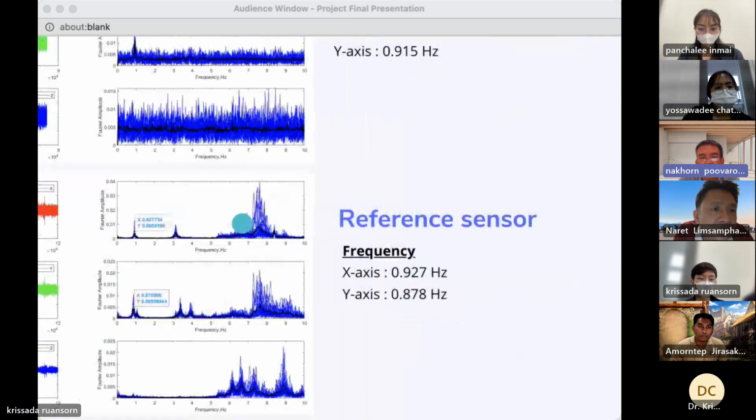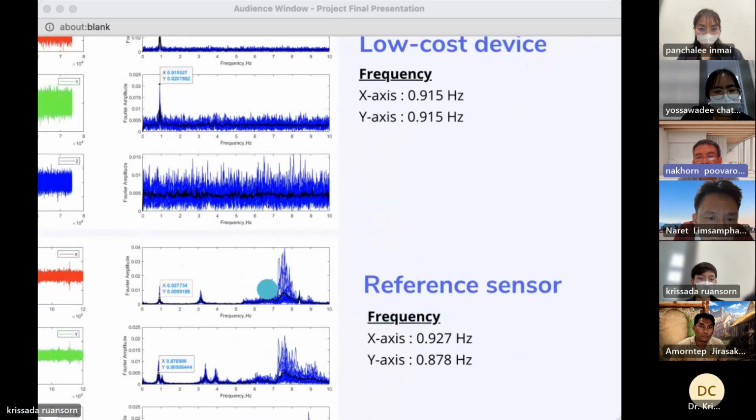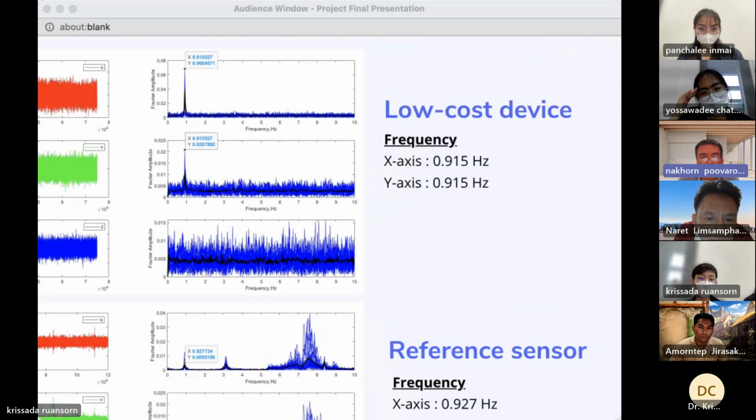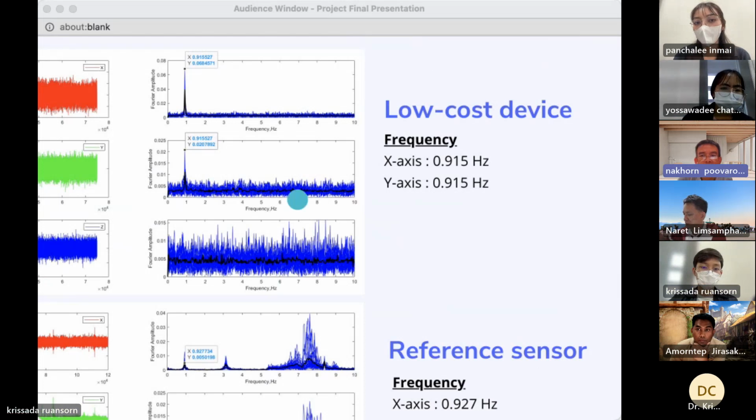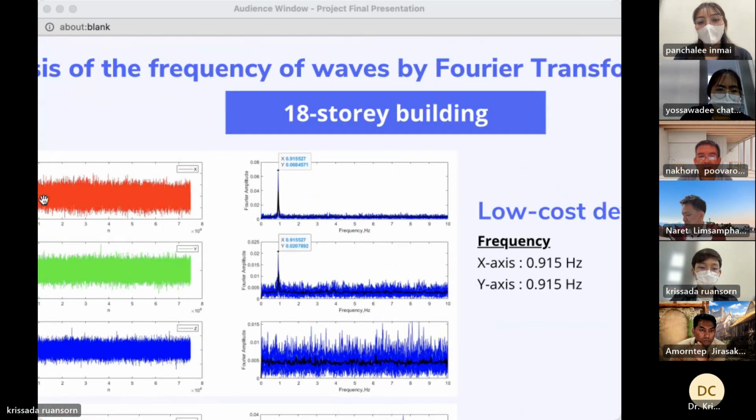Before looking closely for the comparison, let me ask the student whether these two sets of graphs were measured at the same time or not. If they are different times, we cannot make any comparison. Do you remember whether you got them from the same time?